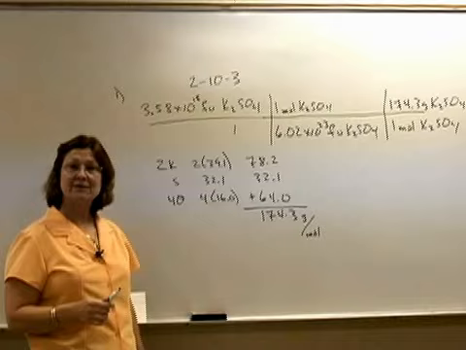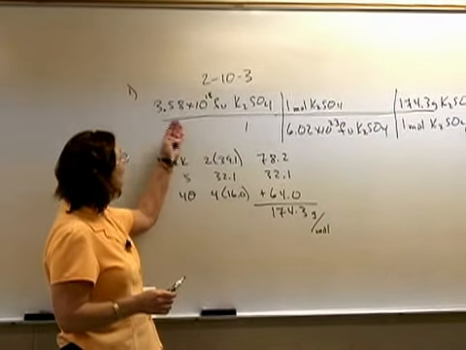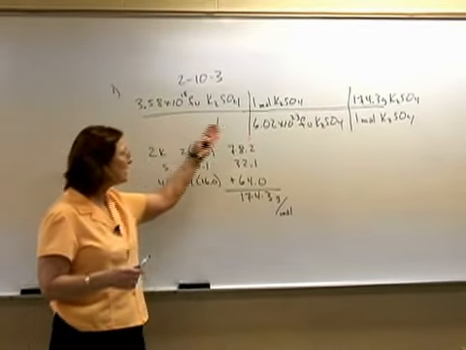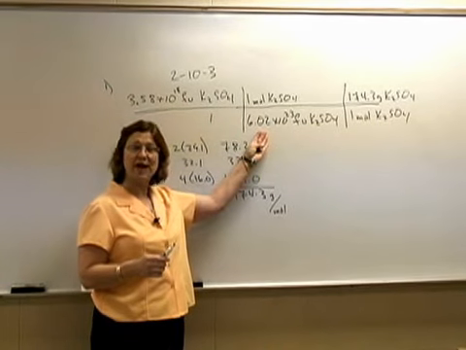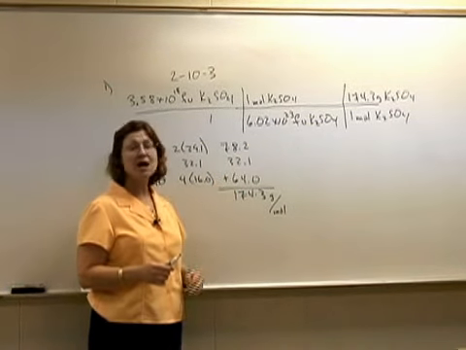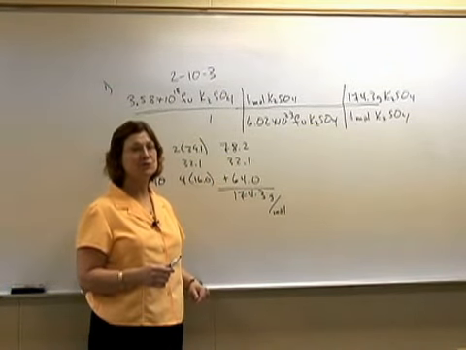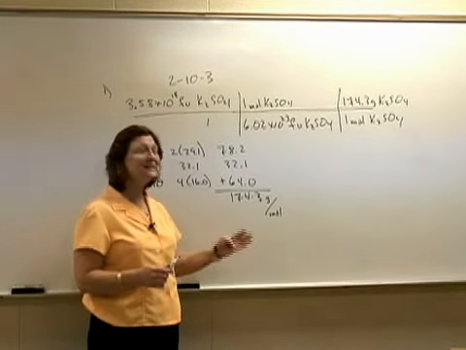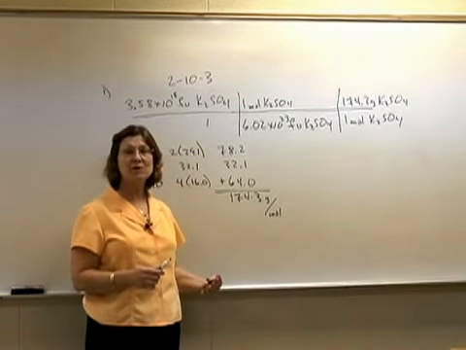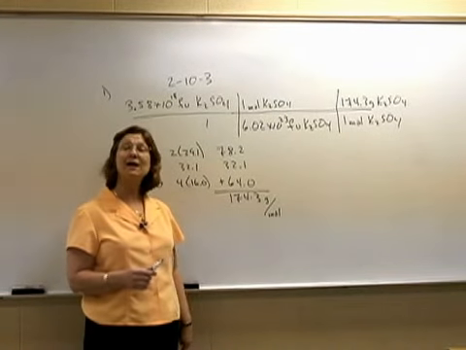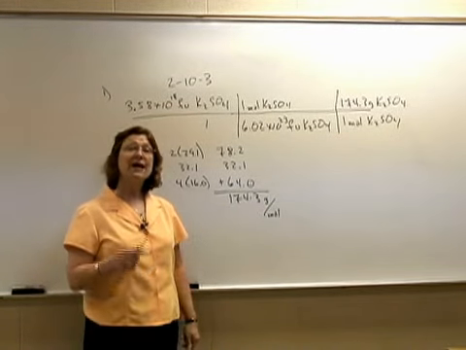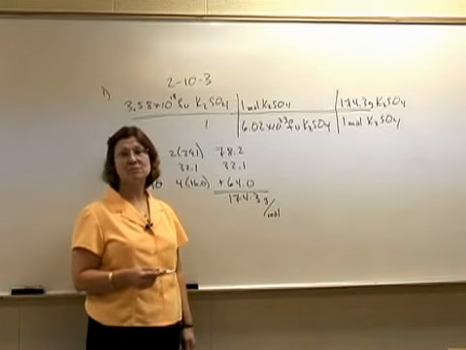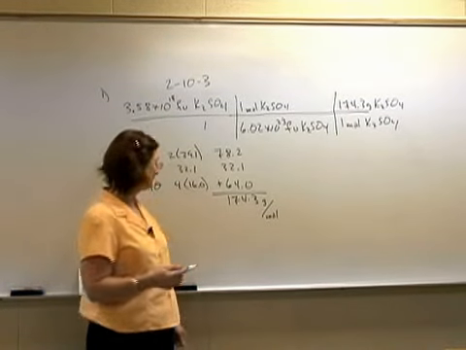Then I do the math. I take my original number divided by 6.02 exponent 23, not times 10 to the 23rd. That is very important, and I must tell my calculator the order of operation. Then I multiply by 174.3. Any number that's in the top, I multiply; numbers in the bottom, I divide.